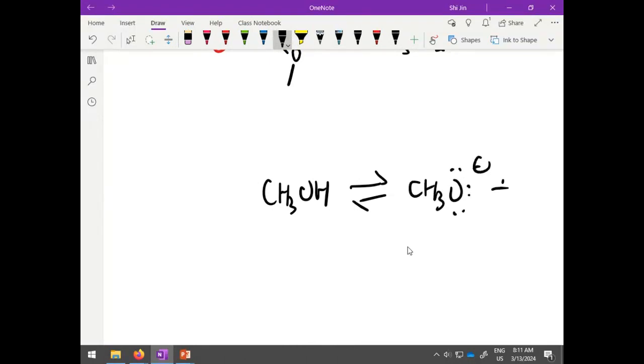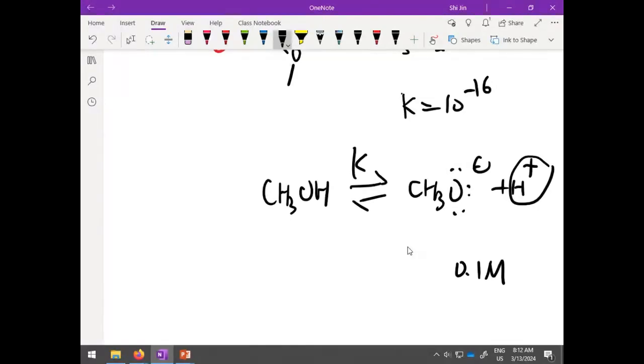You have to use this equilibrium to form methoxide ion. But for this equilibrium, the K is about 10 to the minus 16, okay? And then if it's an acid catalyzed reaction, the proton concentration is usually say 0.1 M, okay?